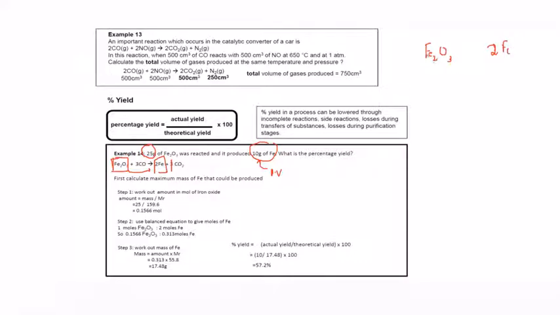So iron is 56 multiplied by 2, 112, plus 3 multiplied by 16, 48. So that will be 160. So this is 160. Iron is 56 multiplied by 2, so 112.